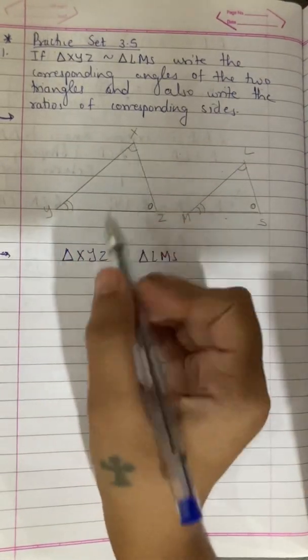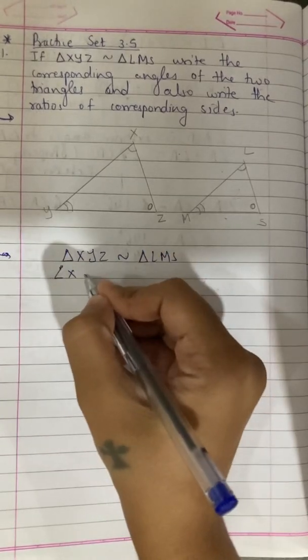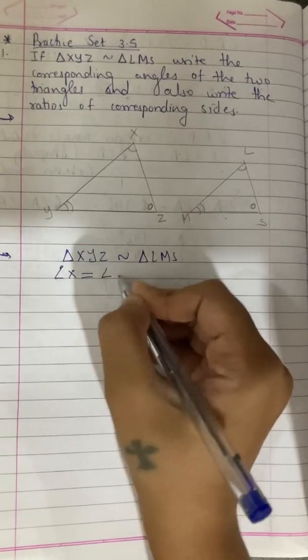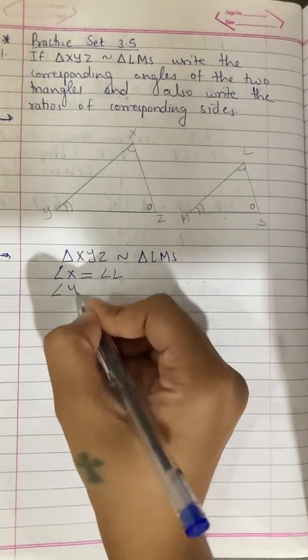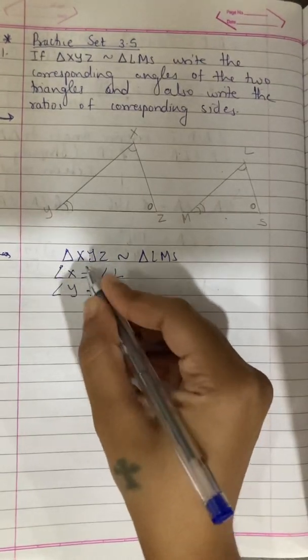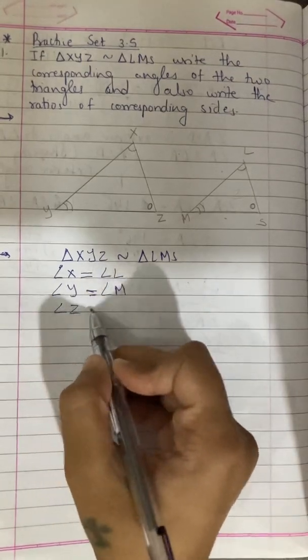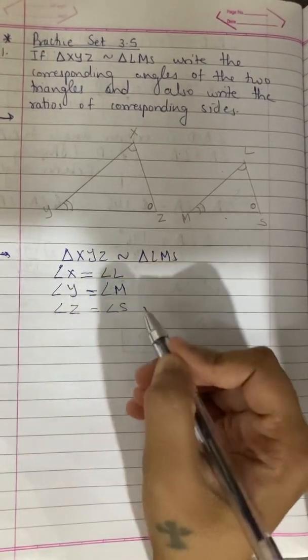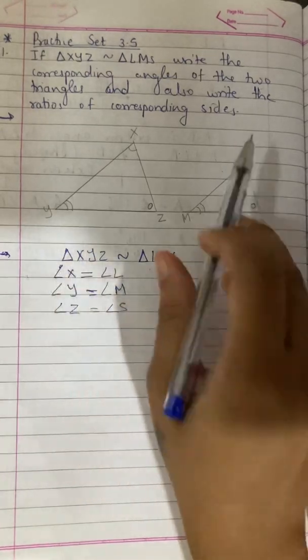Now, angle X is equal to angle L. First is that. Then angle Y is equal to angle M. You can also write down congruent. Congruent and equal is same. And finally, angle Z is equal to angle S. So corresponding angles are written. So one thing is done.